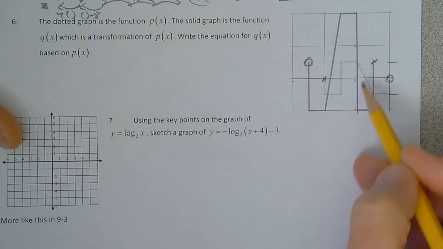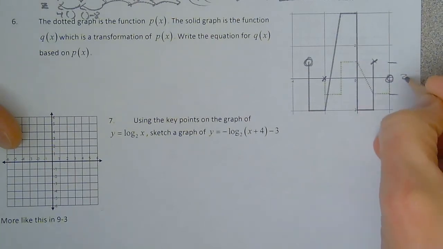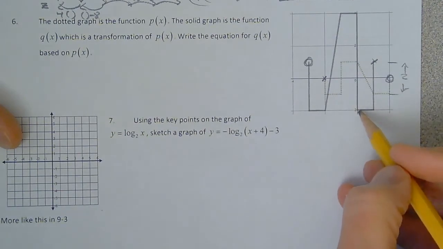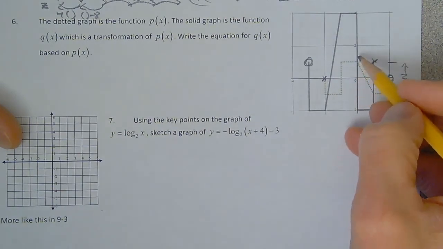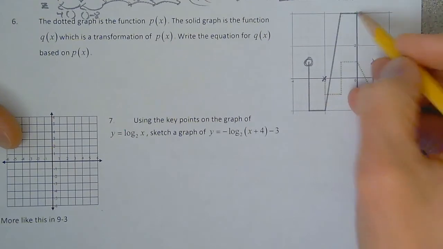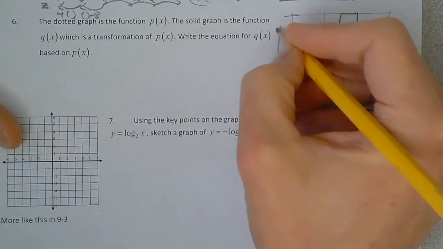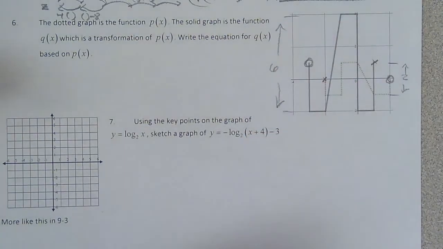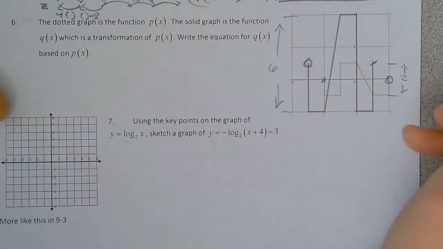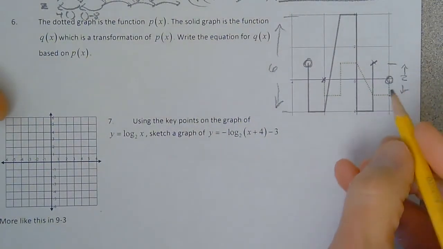This is at -1 and goes to +1. So my original function was 2 tall, but this one is 1, 2, 3, 4, 5, 6 tall. So it looks like there has also been a vertical stretch. So I've got a reflection over the y-axis and a vertical stretch.